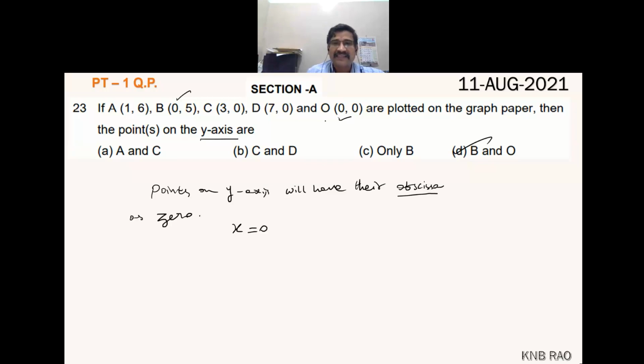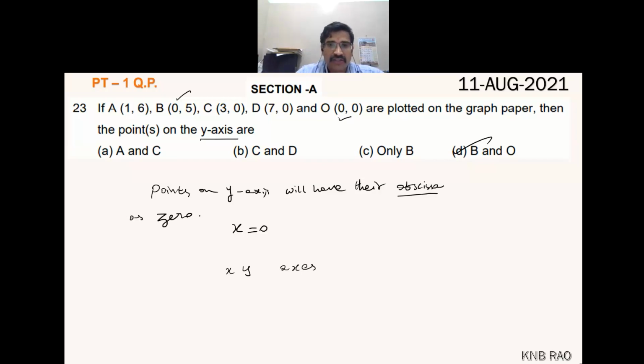So O lies as the point of intersection of both the axes. The singular is axis, x-axis, y-axis. The plural of the word axis is axes, A-X-E-S. We say XY axes, meaning both the axes. So the x-axis and y-axis intersect perpendicularly at O, 0, 0.